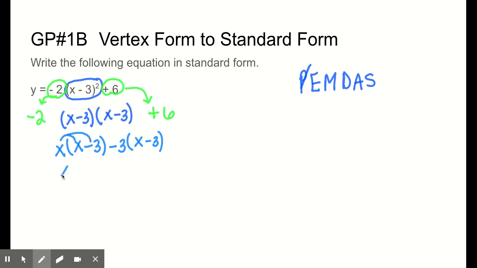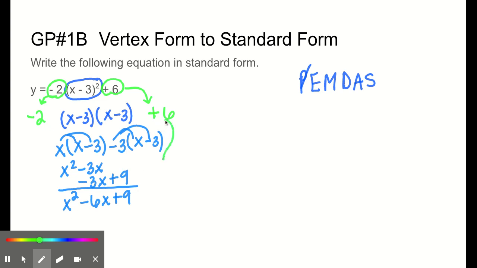This gives me x squared minus 3x minus 3x plus 9. When I combine my like terms, I get x squared minus 6x plus 9.